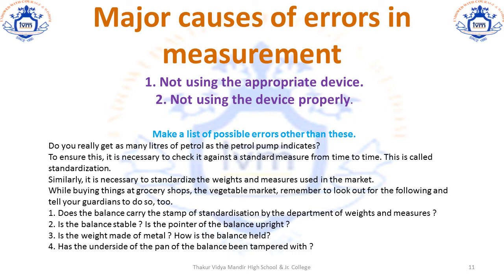How you can identify whether the devices being used are proper or not is simply by checking them from time to time against a standard measure. Or you can look for identification markers like the stamp or seal of the Department of Weights and Measures, and whether the devices being used are stable or not. If a balance is being used, is the balance upright, is it made of metal, how is it being held, if it is a handheld weighing balance?